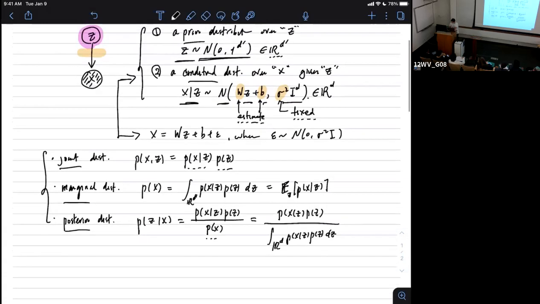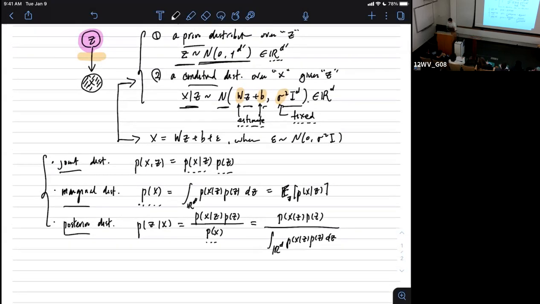So what that means is that, here this is a marginal of a Gaussian because the joint of the two Gaussian variables is also a Gaussian distribution. And then the marginal of a Gaussian distribution is also a Gaussian distribution. And that's really, really nice.